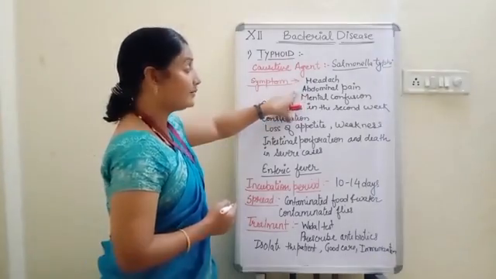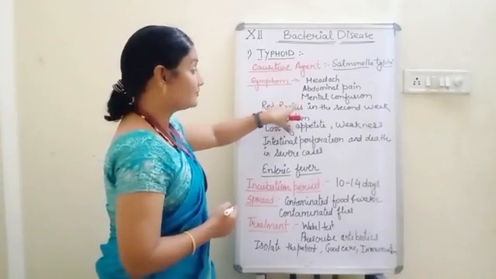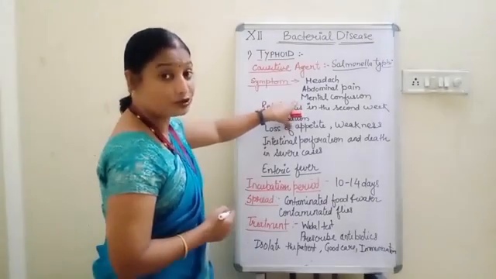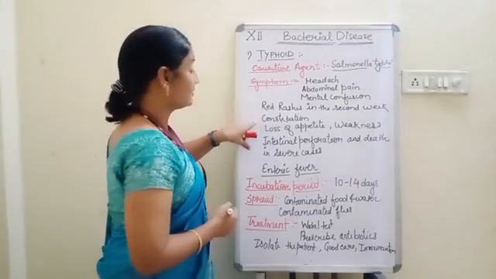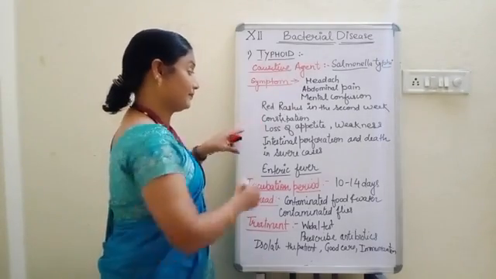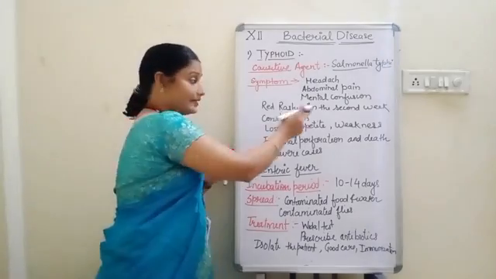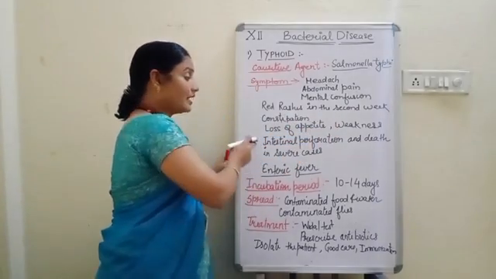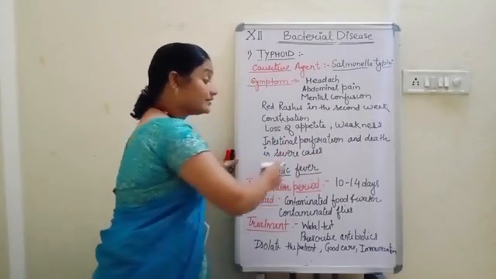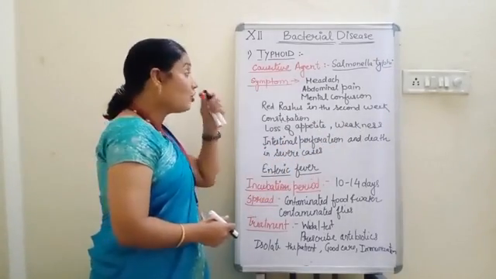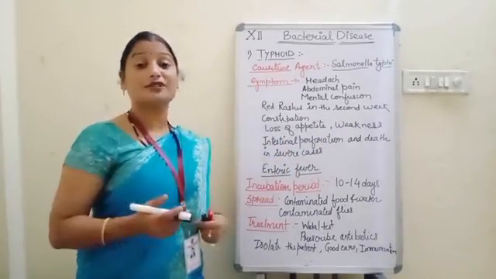Okay, then abdominal pain. After that, mental confusion, red rashes in the 2nd week, constipation, loss of appetite, weakness, intestinal perforation, and death in severe cases. So all these are the symptoms of the typhoid.